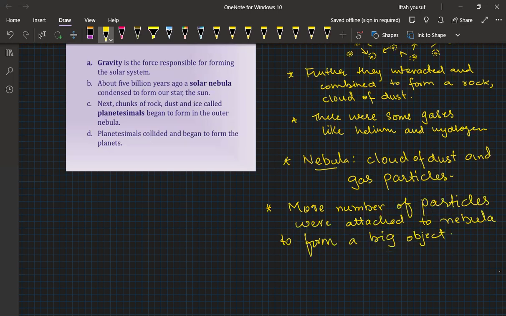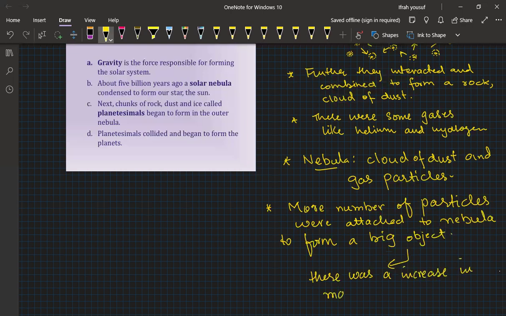Obviously, we have learned this concept: as the object increases in size and particles are added, the mass would also increase, right? To form a big object, that means there was an increase in mass.